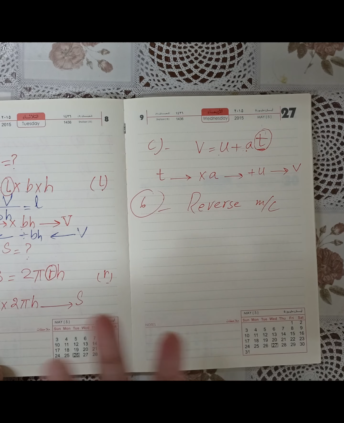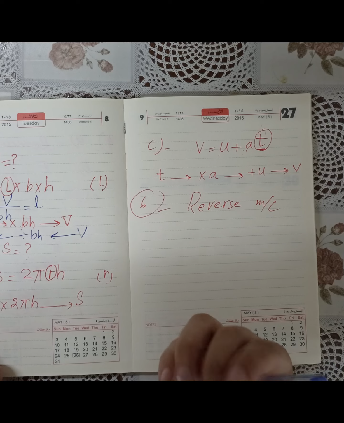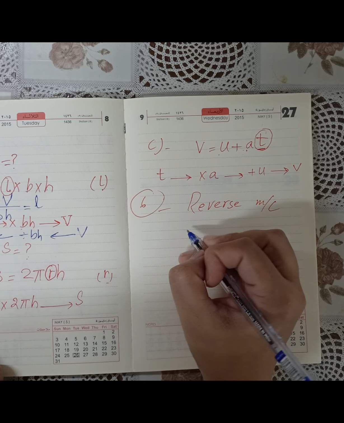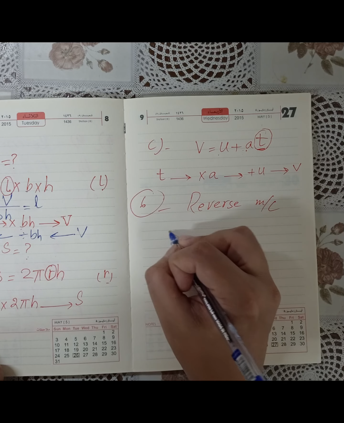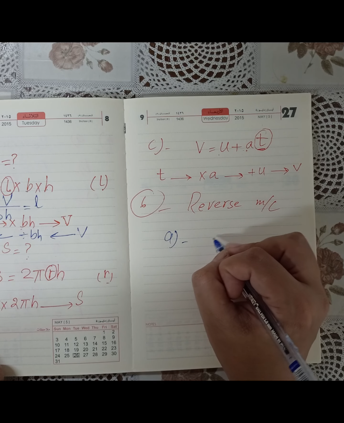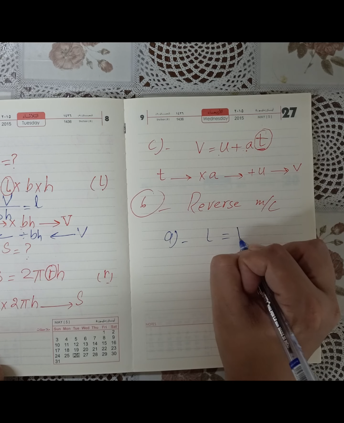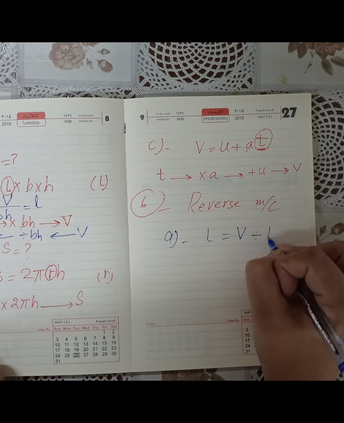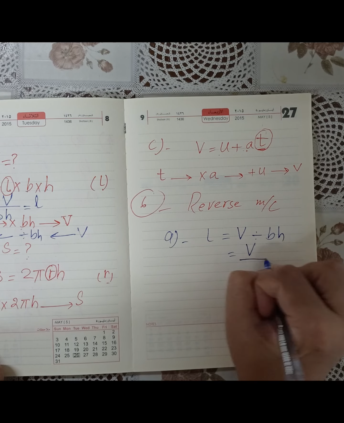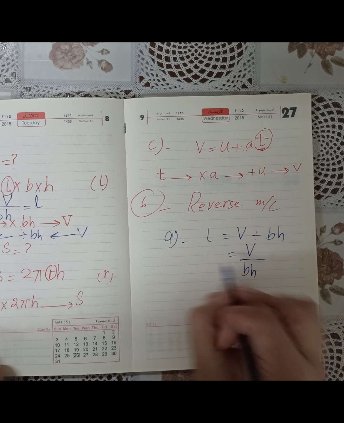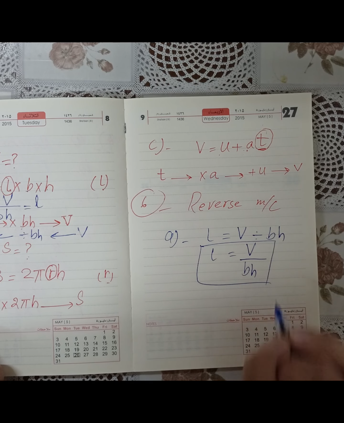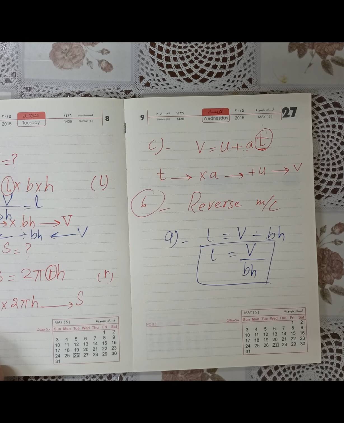This is basically the function machine that will do the reverse operation when it goes to the other side. So our part A, question number 6, will be L equals V divided by BH. Okay, this will be our L as a subject.